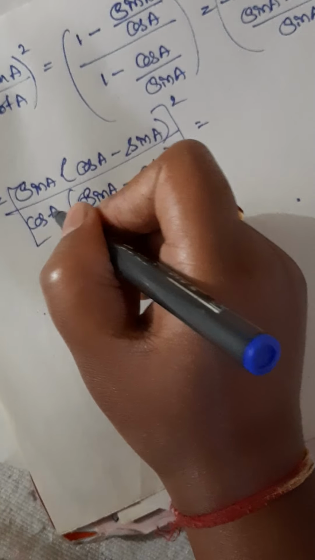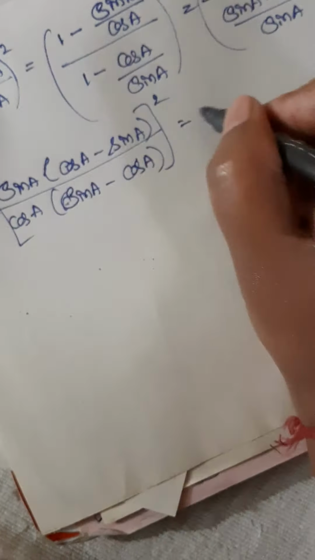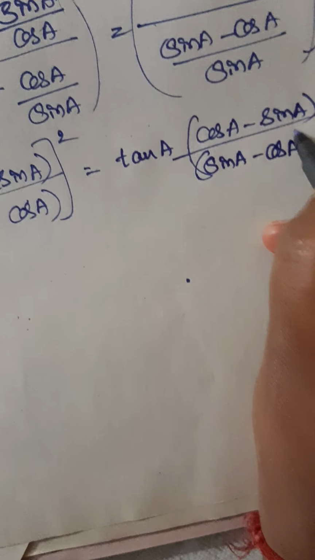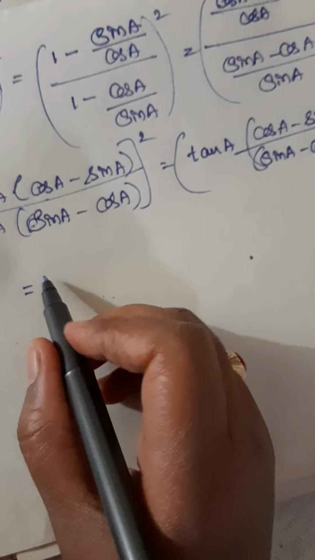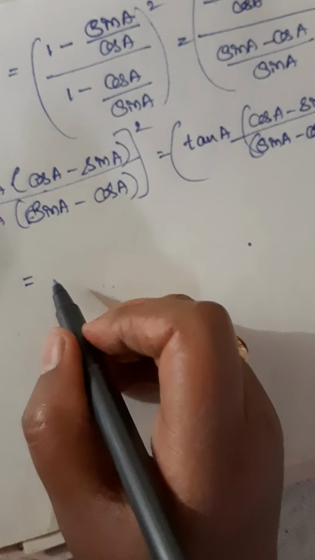This sin and cos we can directly write as tan A, and here we will solve further: (cos A − sin A) divided by (sin A − cos A), whole square. Again let's solve this further.